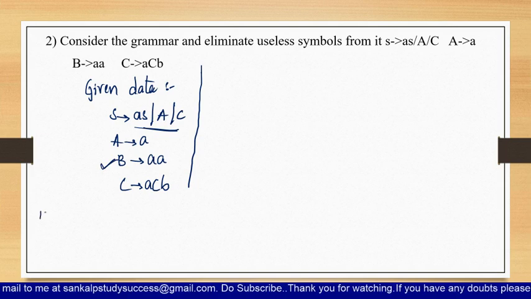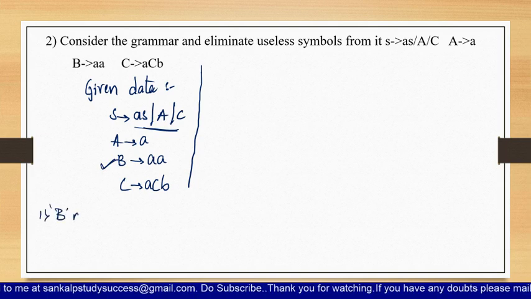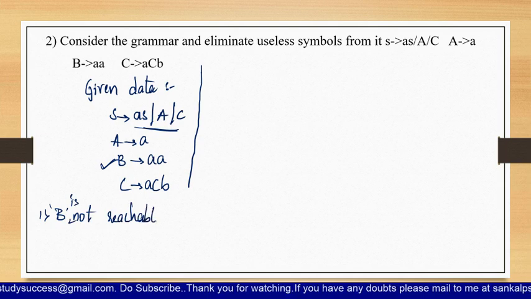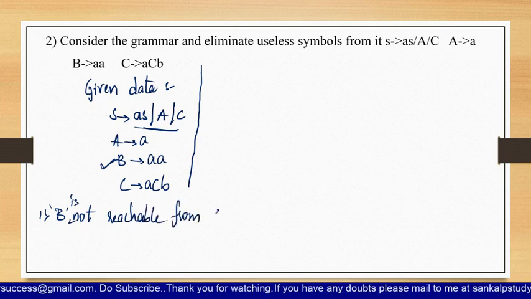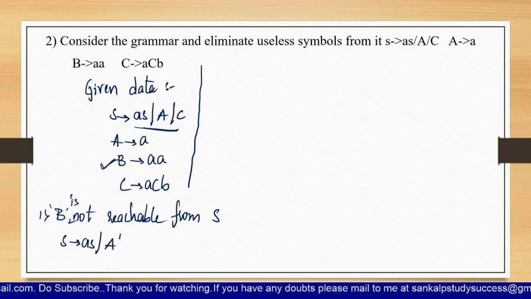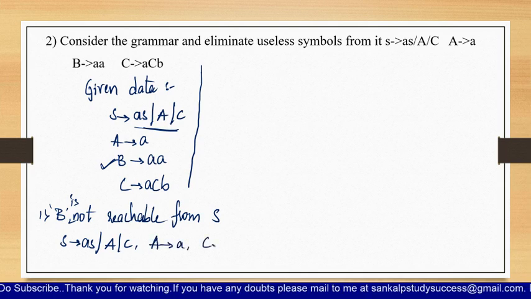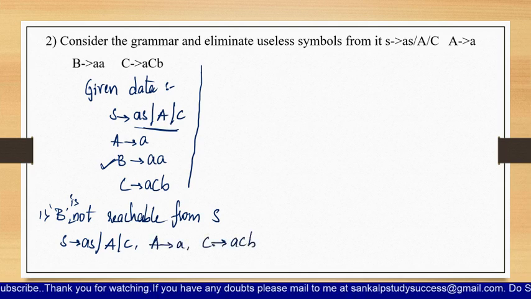The first point to be noted is B is not reachable from start symbol S. So we need to eliminate B. So we are left with S tends to AS or capital A or capital C, A tends to small a, and C tends to ACB. Now what are the useless symbols to be eliminated?